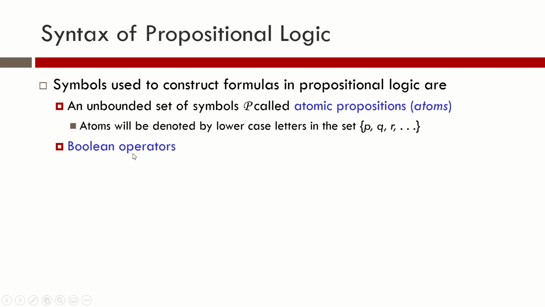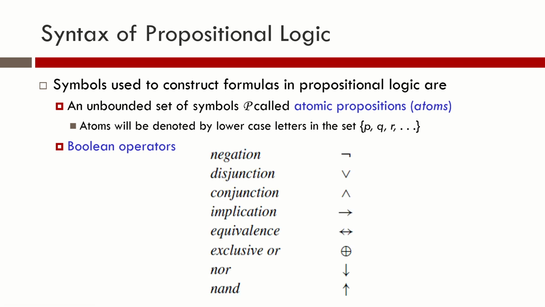The Boolean operators that can be used to combine the atoms are also defined in propositional logic. And this is the set of Boolean operators that can be used. We have the negation operator, disjunction, which is our OR operator, conjunction, which is our AND operator, implication, which is implies, then we have equivalence, exclusive OR, NOR, and NAND.